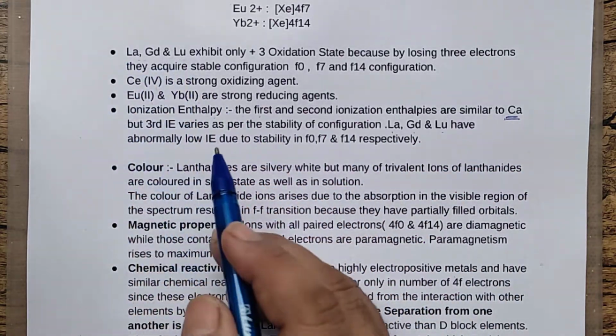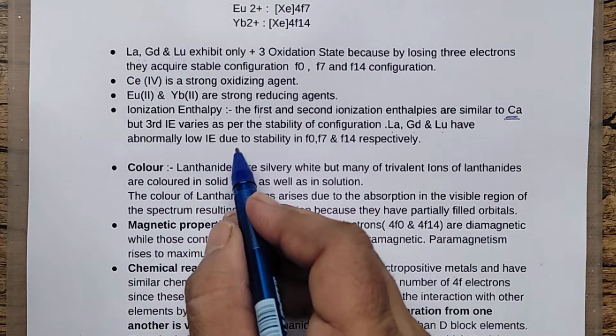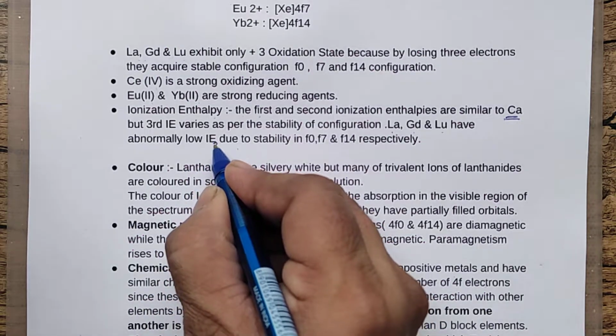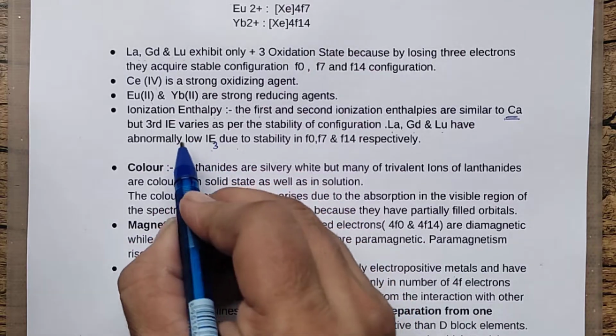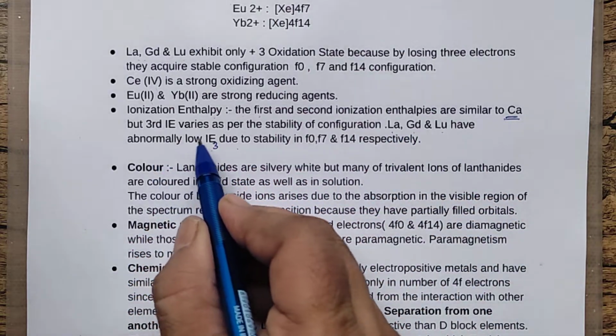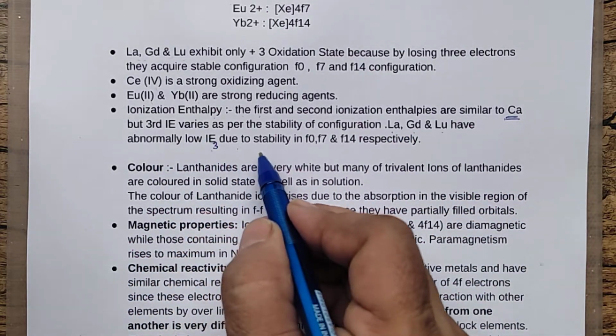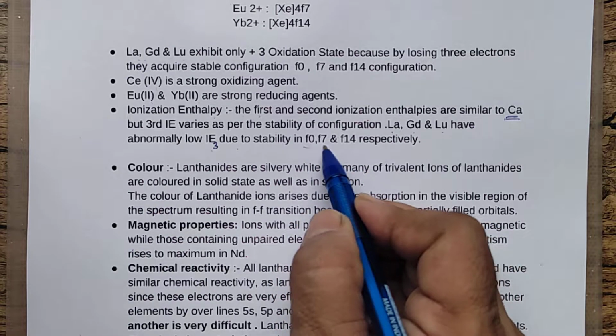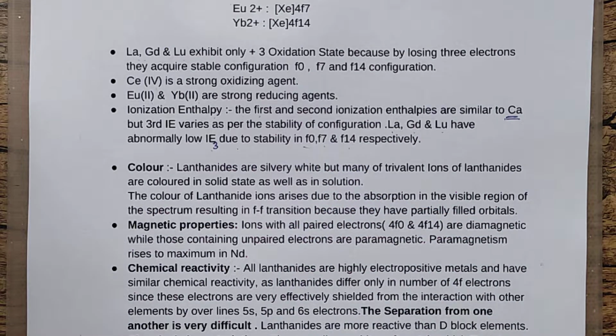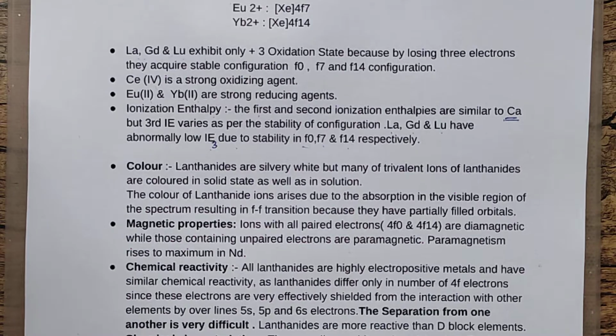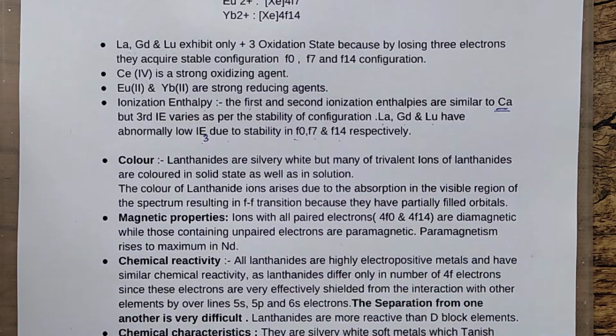These 3 elements will have abnormally low value of third ionization enthalpy because of the stability of F0, F7 and F14 configuration respectively for these particular elements.